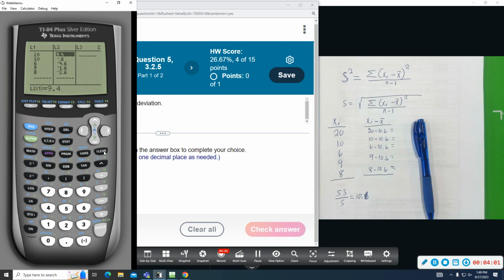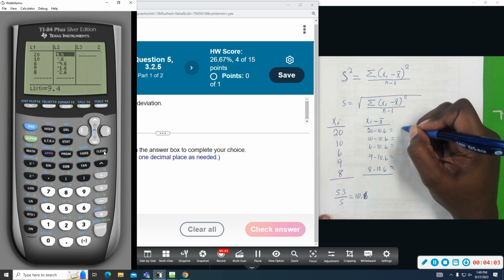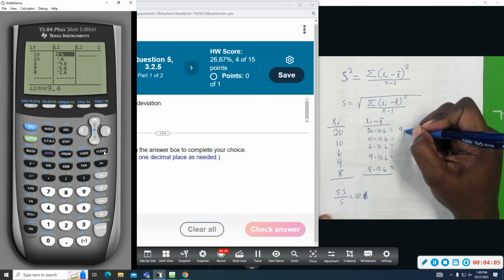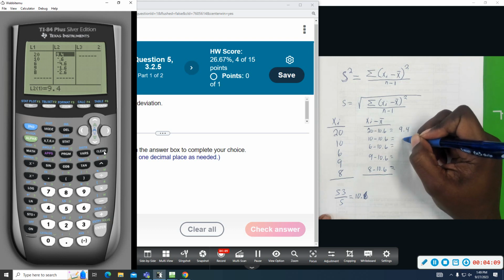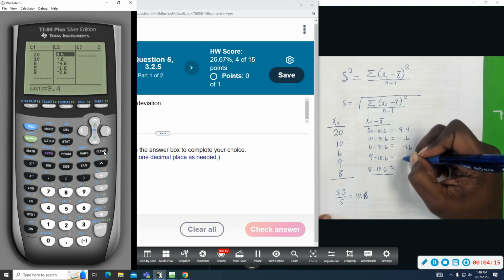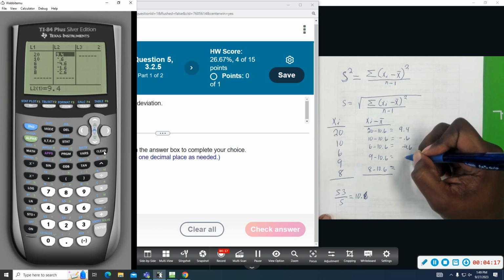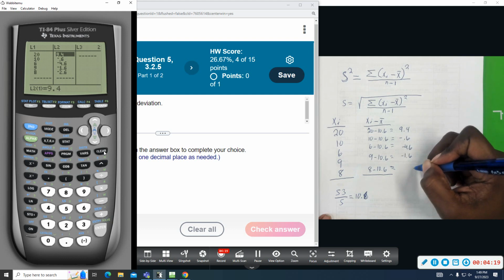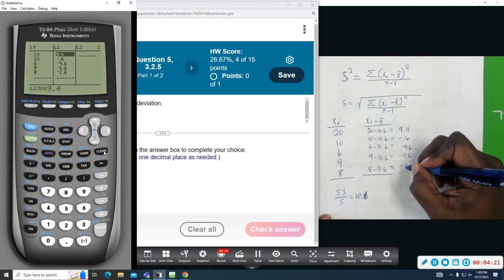Right, so these are my values: 9.4, negative 0.6, negative 4.6, negative 1.6, and negative 2.6.